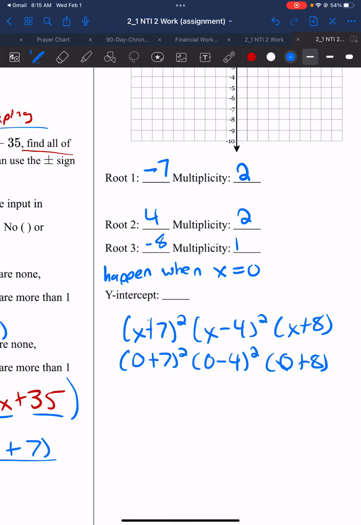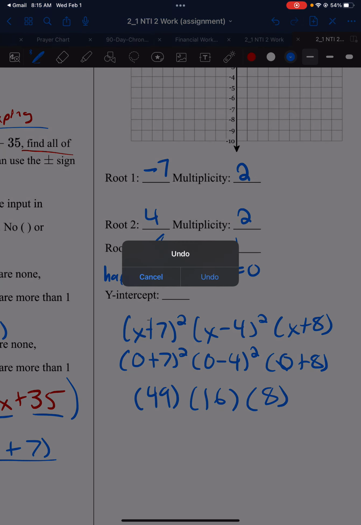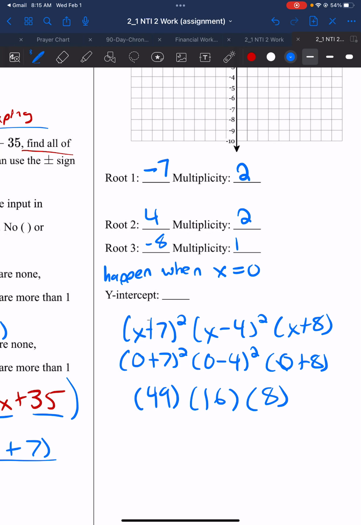You can type that in your calculator just like this, or go piece by piece. And this is going to give me 49, 16, and 8. Like I said, this y-intercept is really, really ugly. Don't get me wrong, this y-intercept is super ugly. But don't get super lost in that.